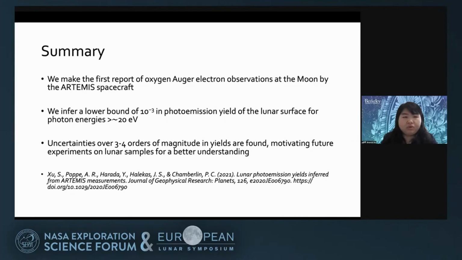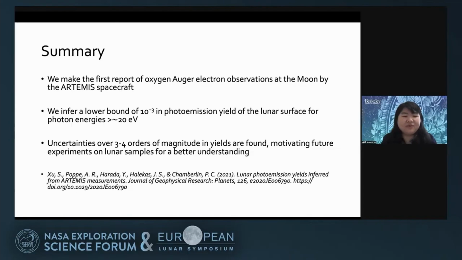So just to quickly summarize, we make the first report of, what did I say? It should be Auger electron observation at the Moon by the ARTEMIS spacecraft.